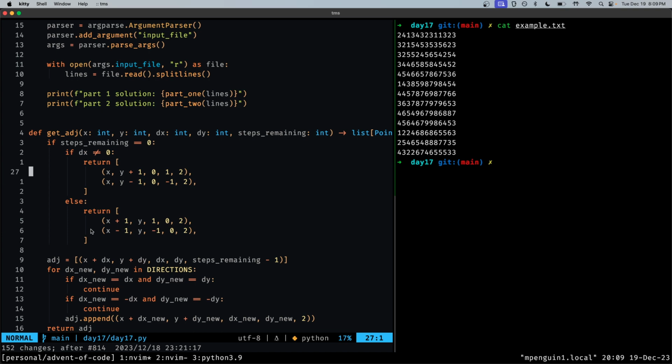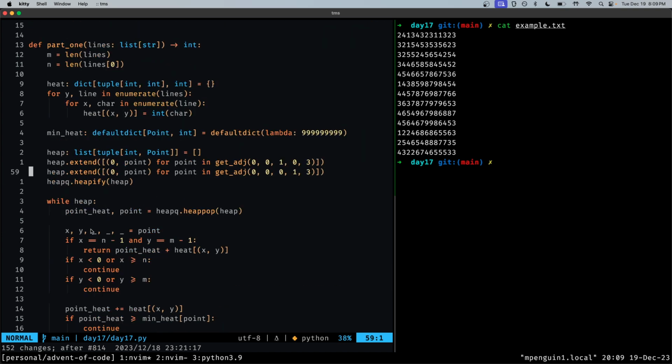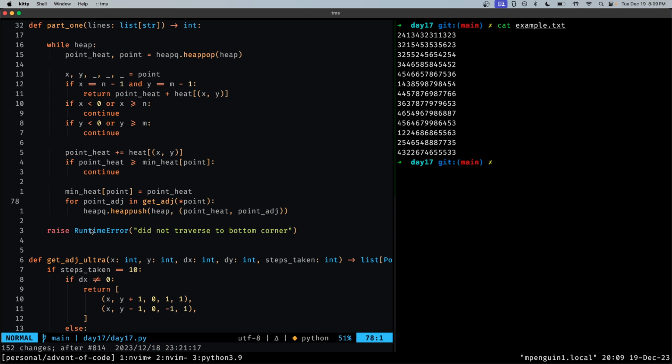Yeah, going back to where we were, finally, we use this get adjacent function to return the adjacent points from the point we're currently at, and add all those onto the heap.